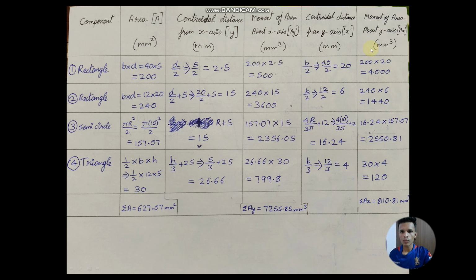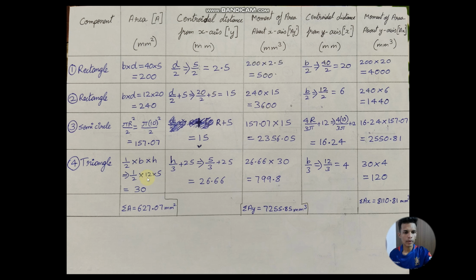Next, moment of area about y-axis is 16.24 into 157.07. We get it as 2550.81.